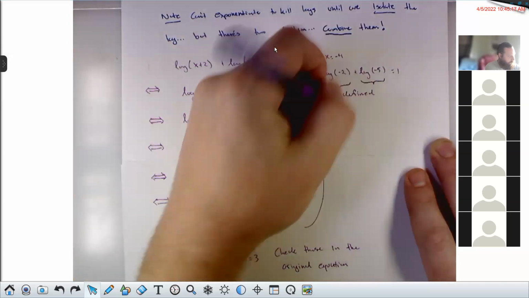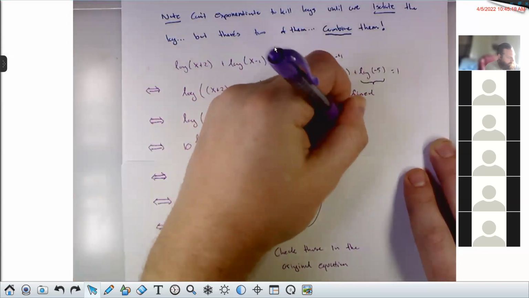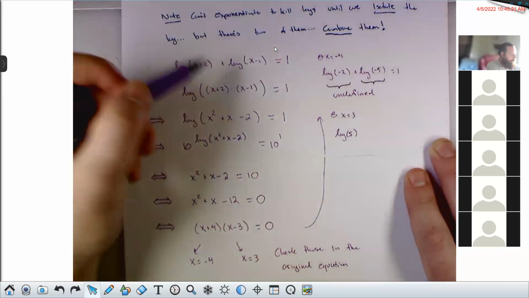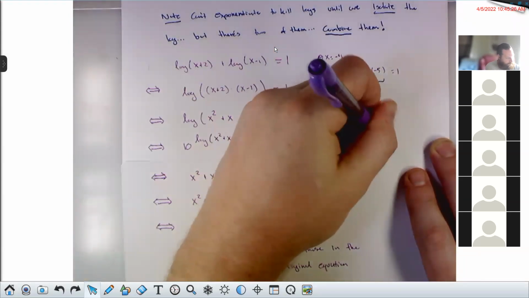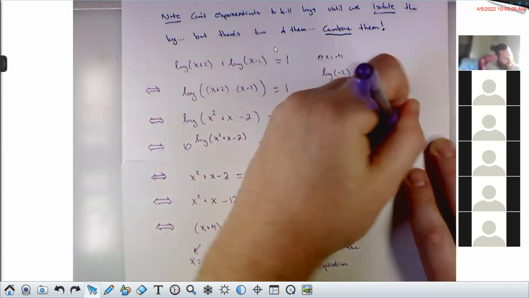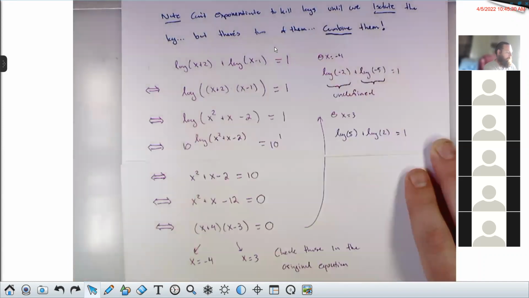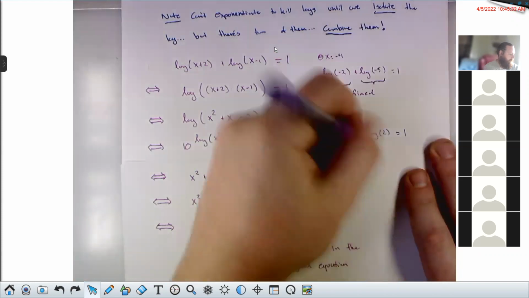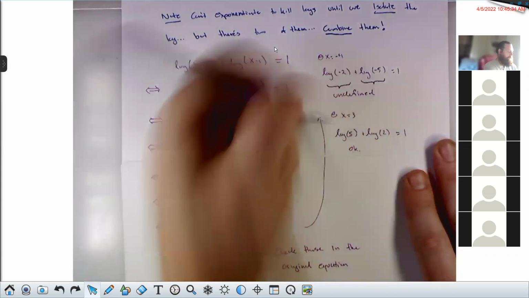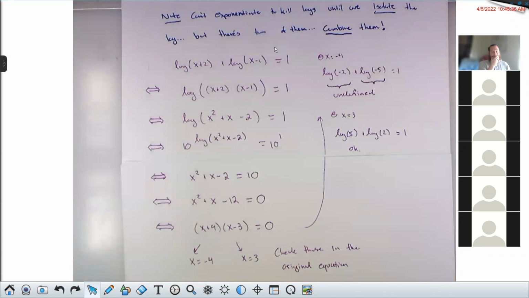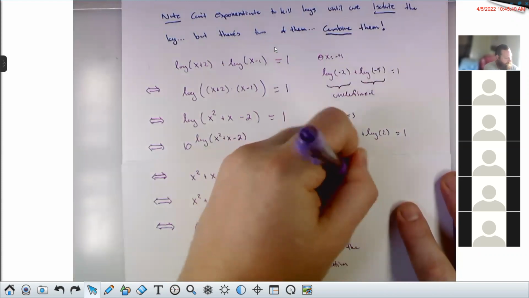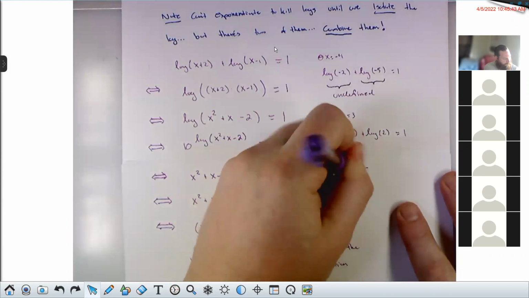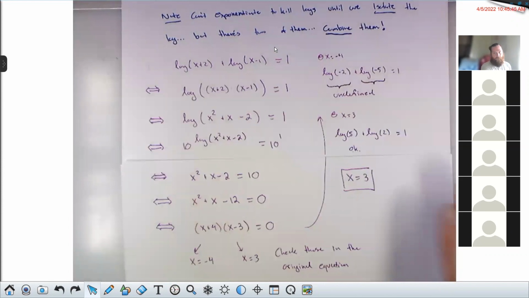We get the log of 3 plus 2, the log of 5, plus the log of 3 minus 1, the log of 2. This is okay. So we throw out the x equals -4 solution, and we just hold on to the x equals 3.